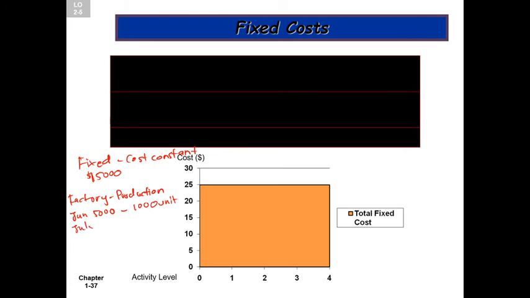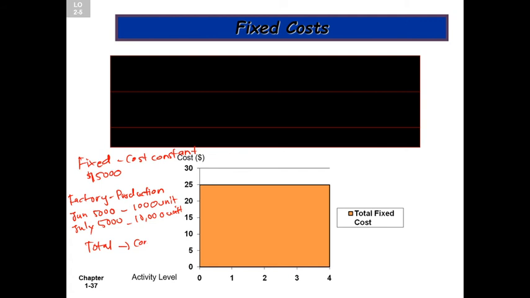In July, you still have to pay 5,000, but you produce 10,000 units. So it's constant, right? You still have to pay 5,000 even though you produce 1,000 for June and 10,000 in the second month.